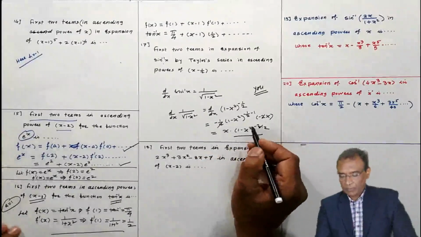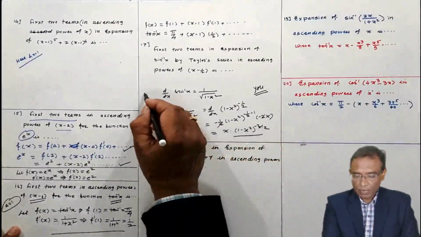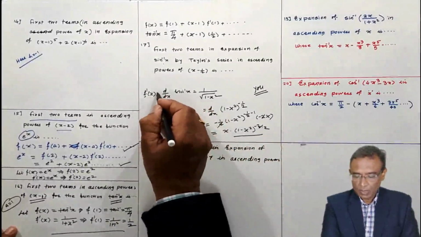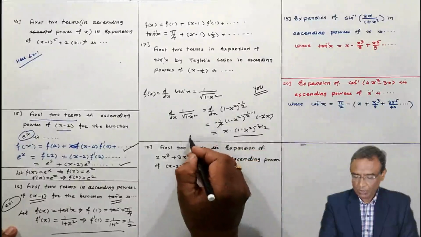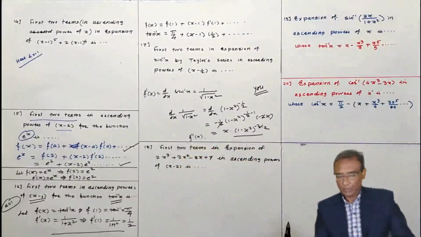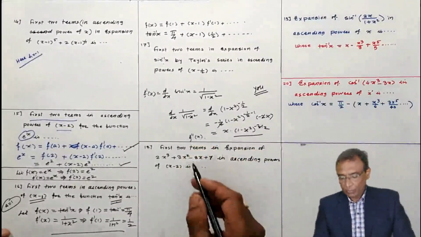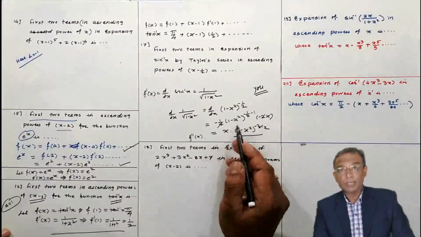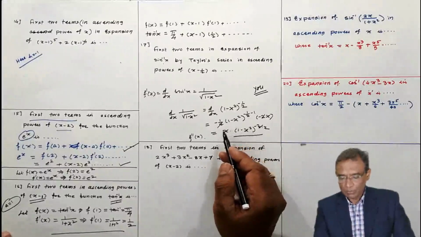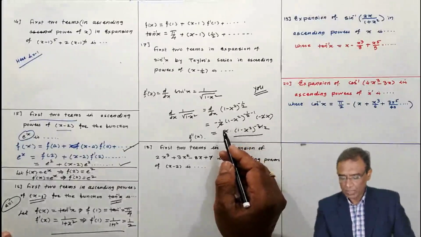Okay. This is f dash of x, and this is f double dash of x. Okay, only a single derivative will be required. If more than one derivative is required, maybe here in this problem 2 derivatives may be required. No, single derivative.